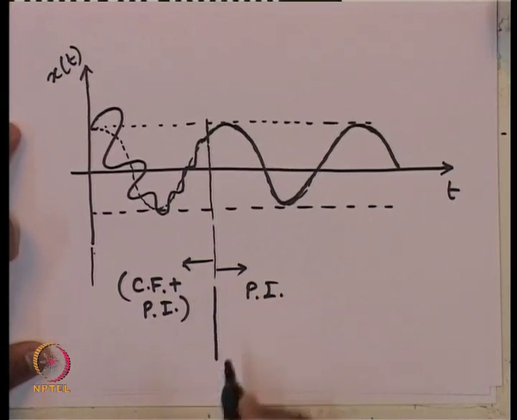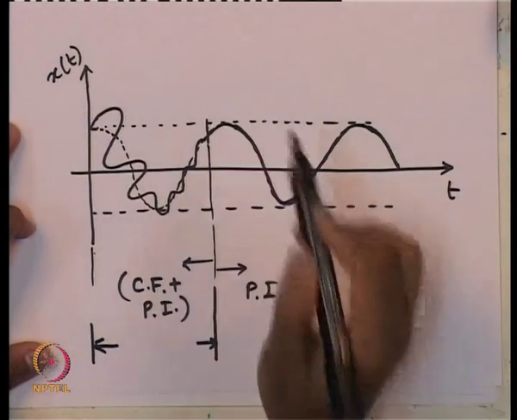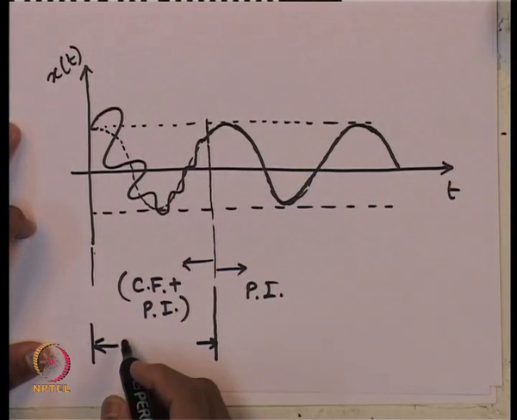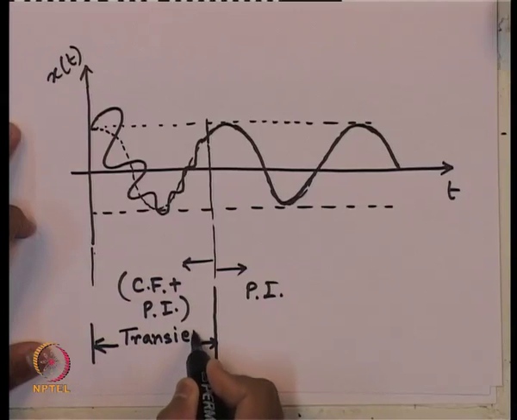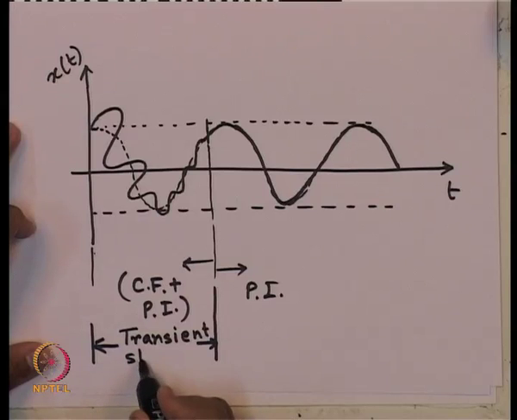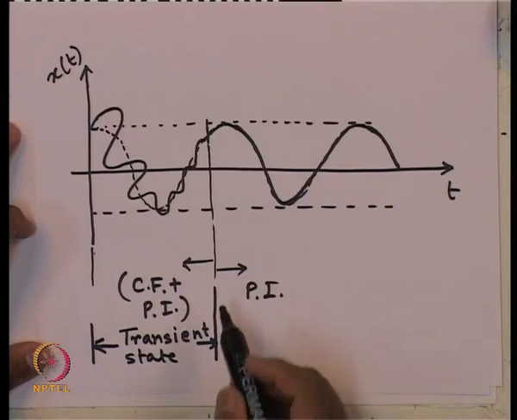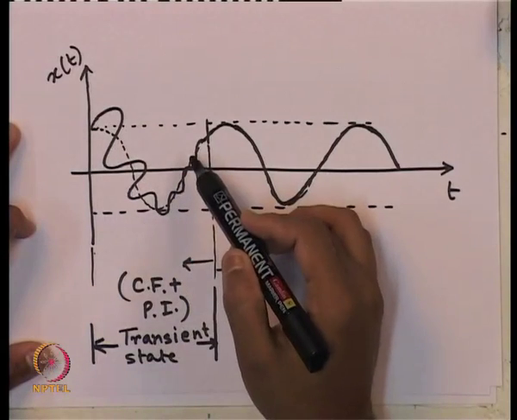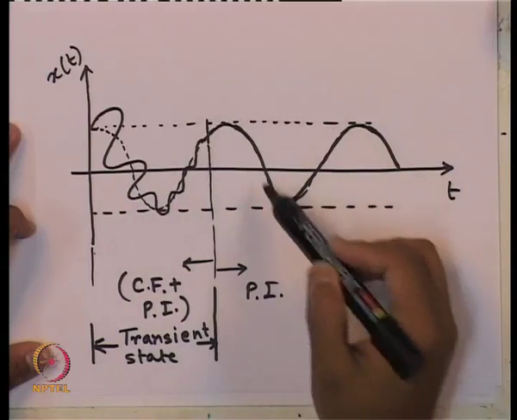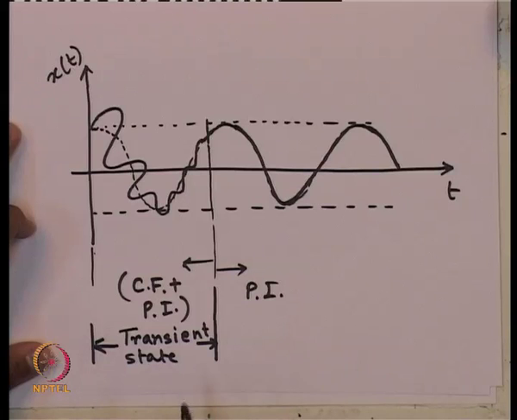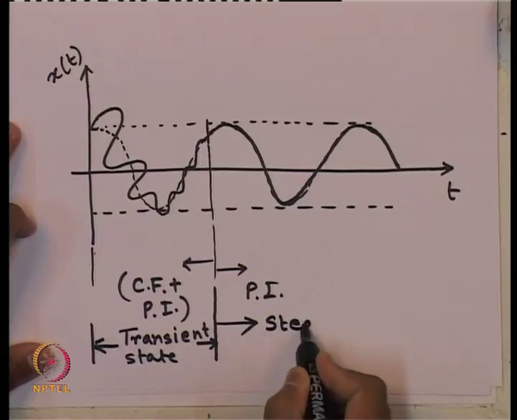The terminology we use for this zone, where we have this aperiodic response, is called the transient state. And when this initial effect dies down and the response of the system follows the particular integral solution only, that is the harmonic function in this case, we call that state the steady state.